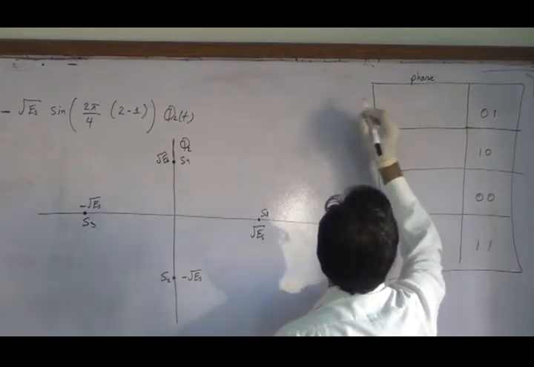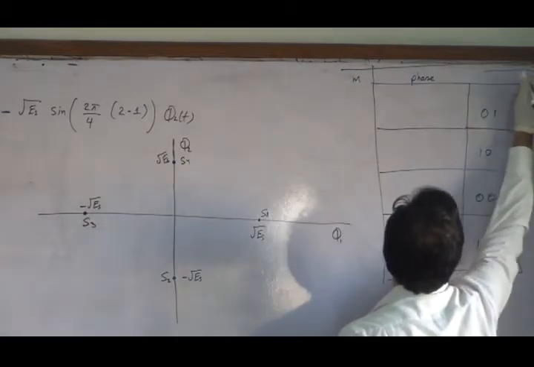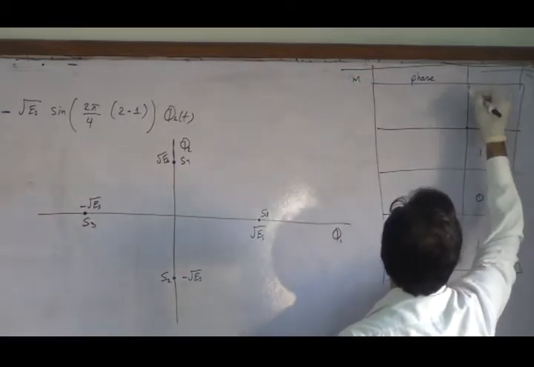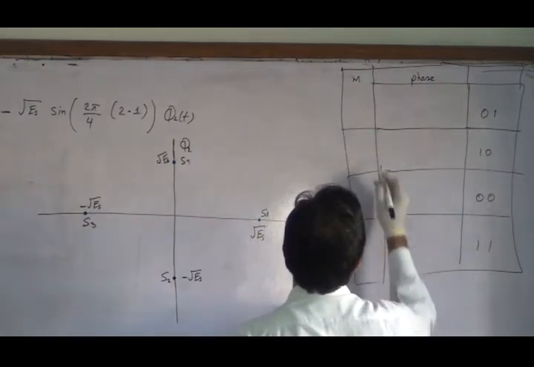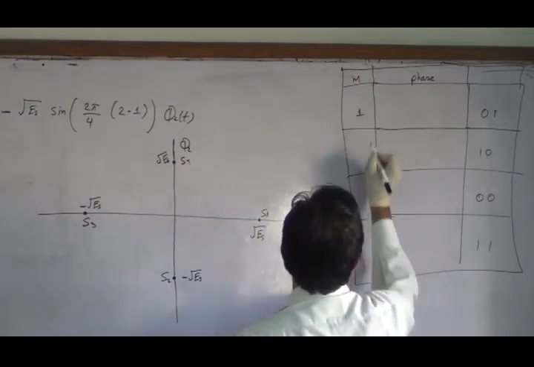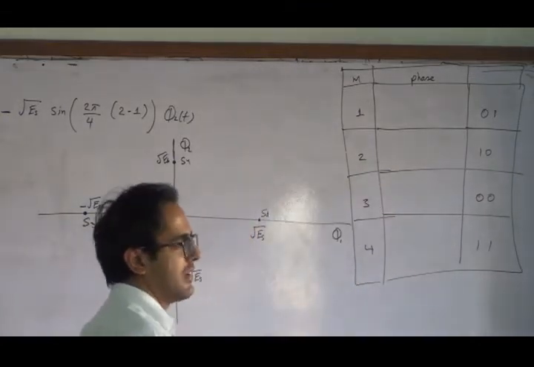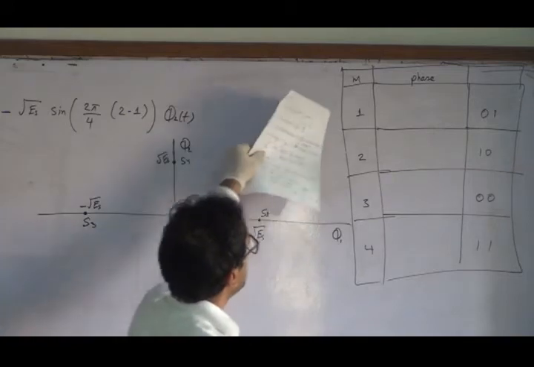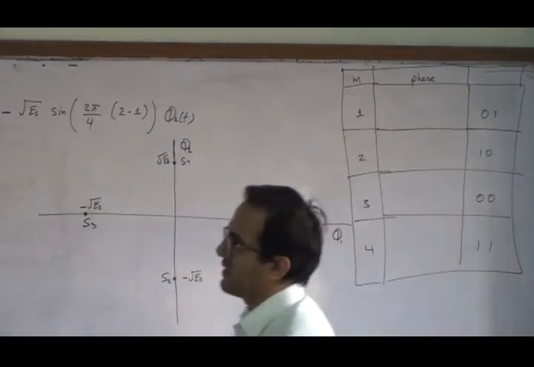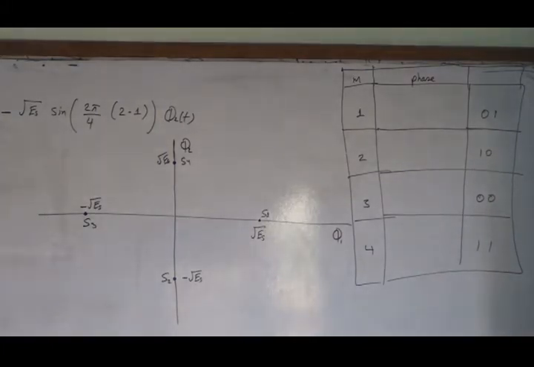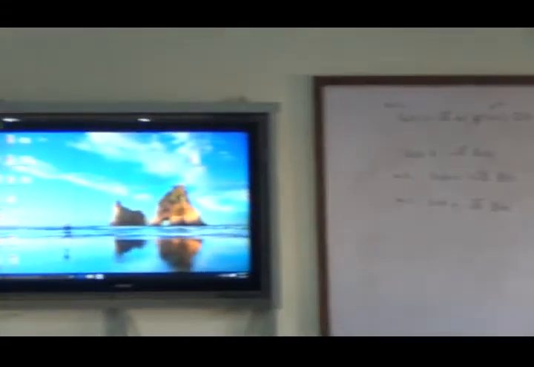Here is the index m: 1, 2, 3, and 4. We have 4 symbols at hand, so the index will vary from 1 to 4, and the phase will be computed as per the rule that we have defined here: the phase is 2 pi by M times small m minus 1.